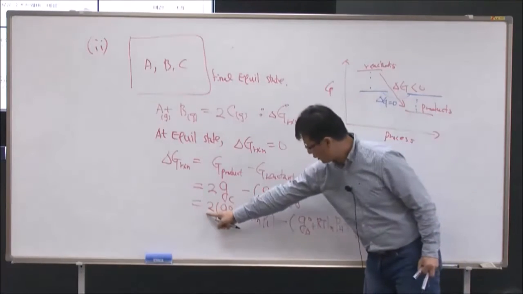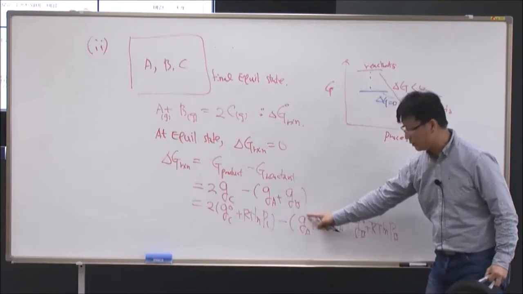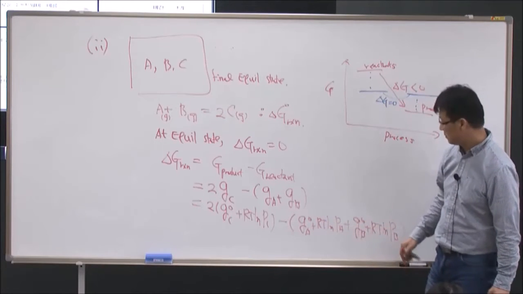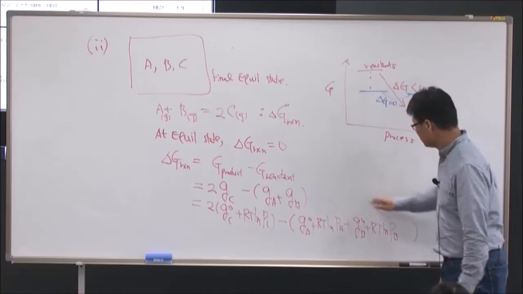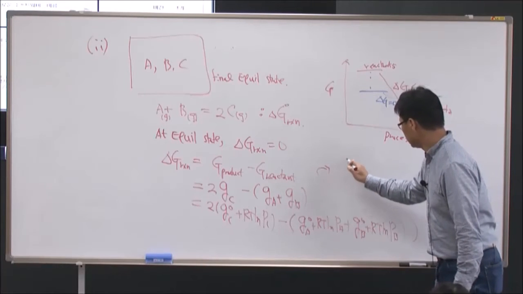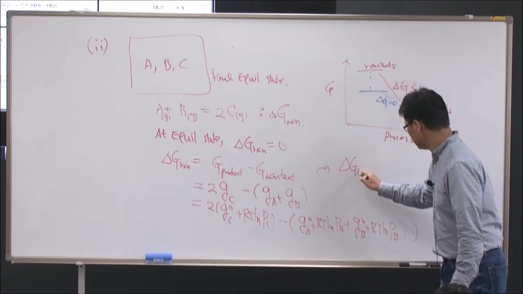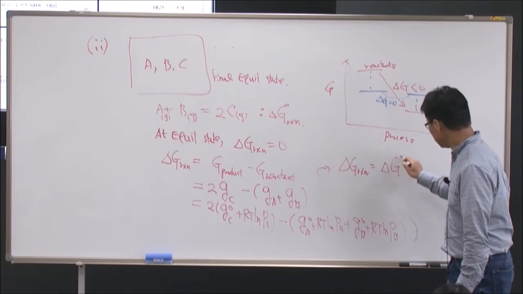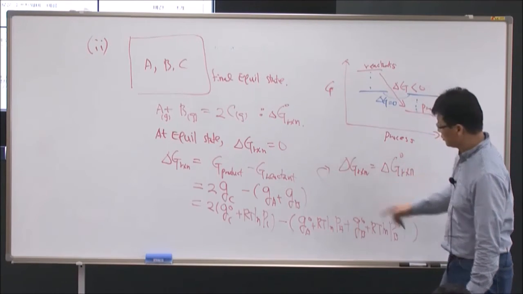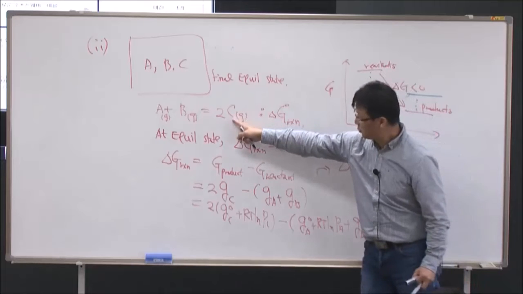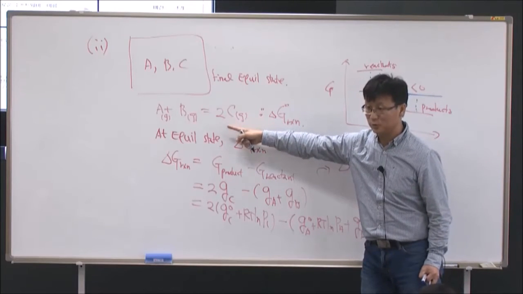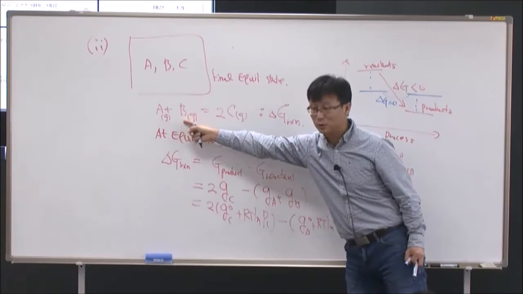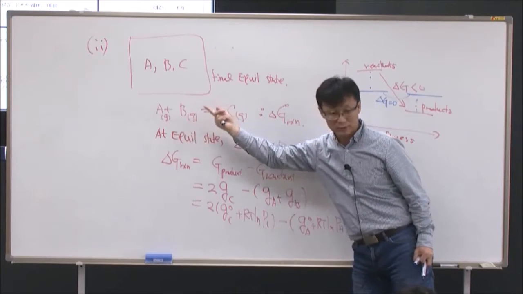So let's just take only 2GC naught and only the G naught value, and GA naught and GB naught. So if you do that, basically delta G of reaction here is delta G naught of reaction, because delta G naught of reaction is pure Gibbs energy of 2 moles of this one minus 1 mole of Gibbs energy of this one minus 1 mole of Gibbs energy of this one. Pure state, pure standard state.